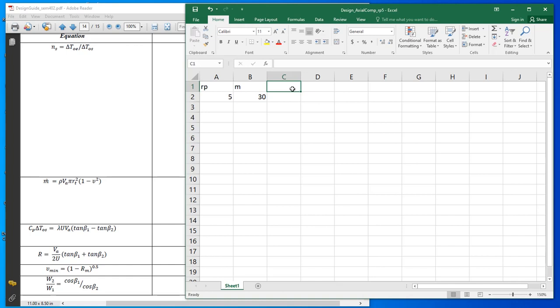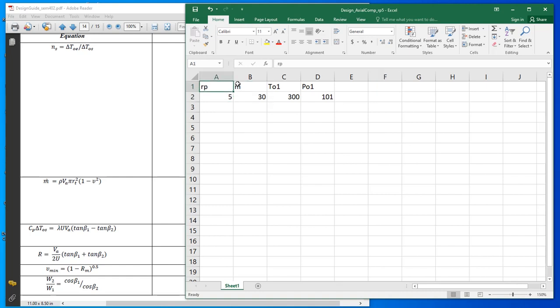We also need the stagnation temperature at the inlet, which is 300 Kelvin or 27 degrees centigrade, and the stagnation pressure at the inlet, 101 kilopascal. If we need some other variables or constants, we can define them over here.